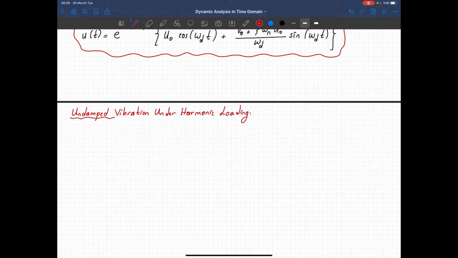We can analytically solve the harmonic loading case in an easier way. As the loading part gets complicated, the solution will be complicated.